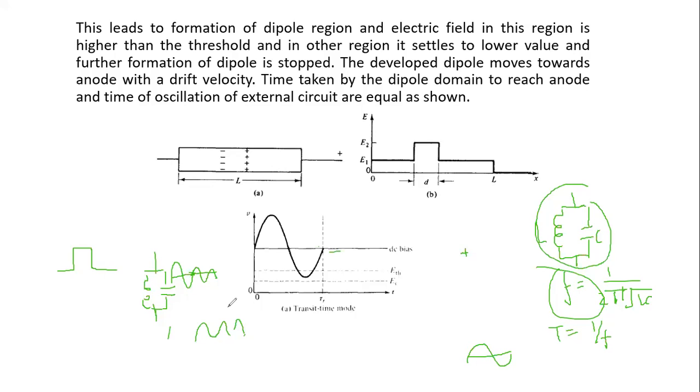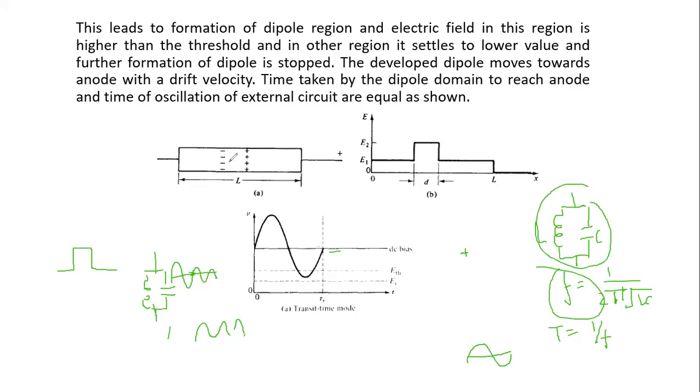And now why is the name transit time mode? Because here this oscillation is happening at the natural frequency of the formation of this dipole domain. So bunching is formed on the left hand side, that crowd of electrons moves towards the right hand side, and then finally that bunch of electrons is going to collapse by delivering a pulse to this tank circuitry.